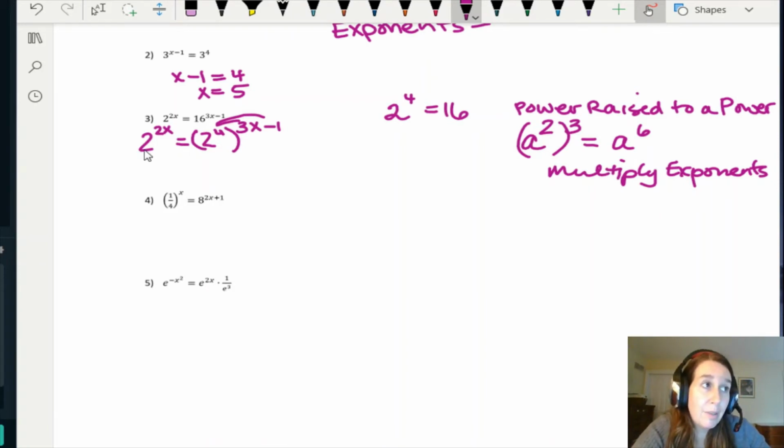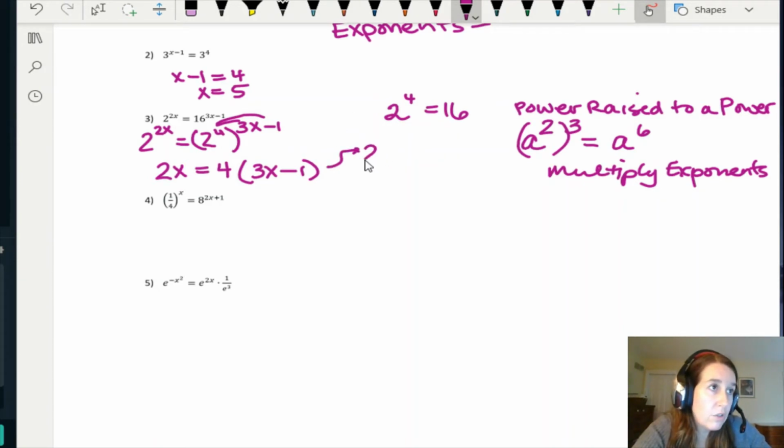So now look, the bases are the same. They are both 2. So we can say, well then 2x is equal to 4 times 3x minus 1. Okay, so to solve this is just a linear equation now. So that's 2x is equal to, let's distribute that 4, 12x minus 4.